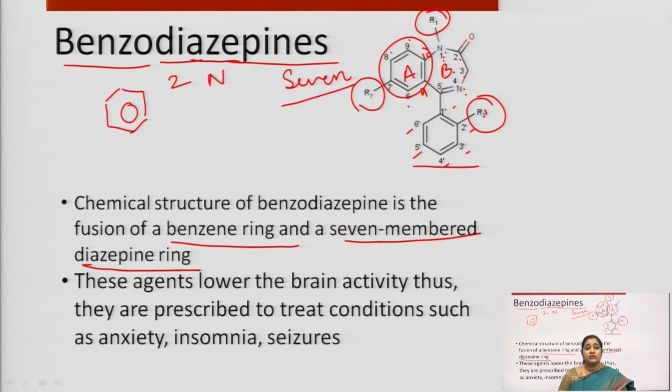Thus, they are used in several conditions such as anxiety, as they are well known anti-anxiety agents, and insomnia, a state when a person is not able to sleep. And apart from that, seizures, as they are one of the best anticonvulsant drugs.